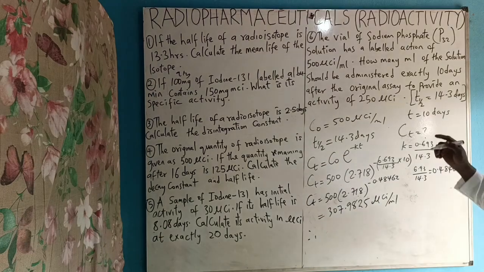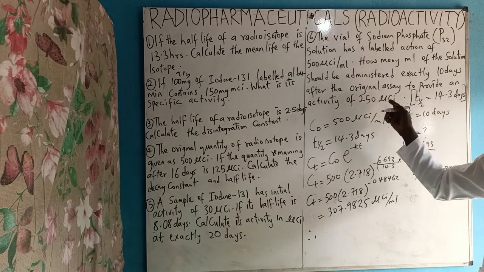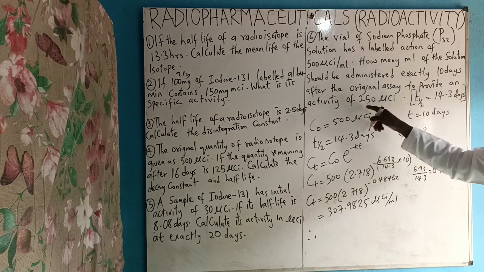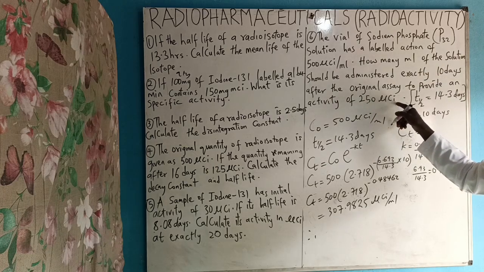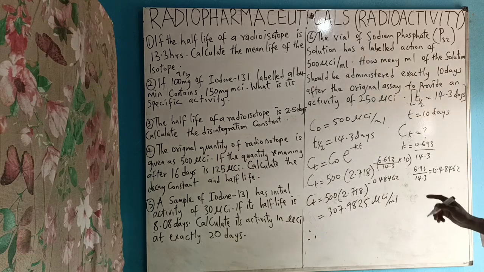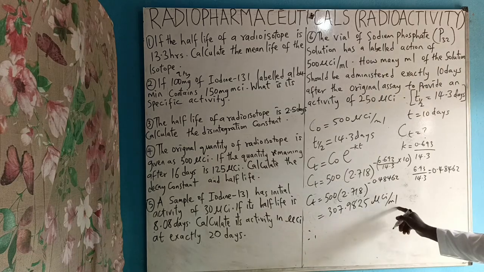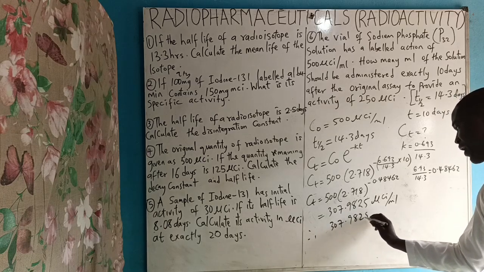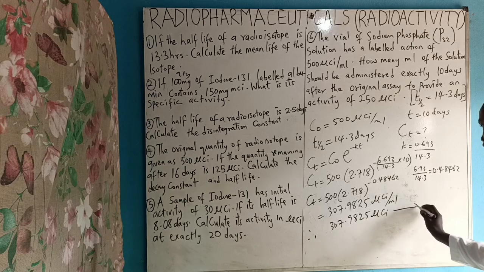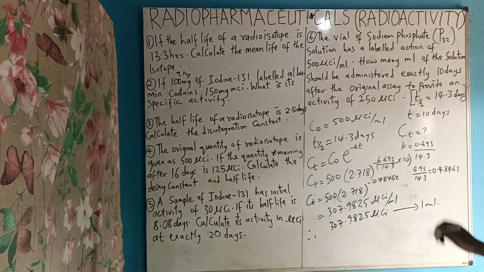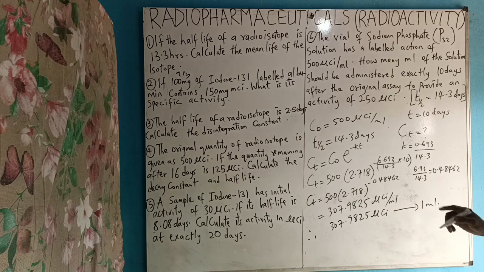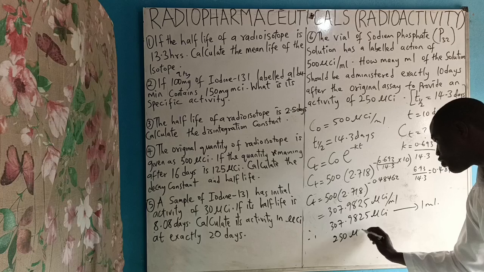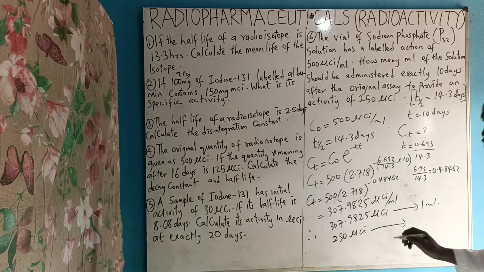Now to get the ml one should pipette from this in 10 days, which will be equivalent to 250 microcurie. Following radioactivity principle, you just say that 307.9825 microcurie is equivalent to 1 ml. Okay? And so you now say 250 microcurie will be equal to what?